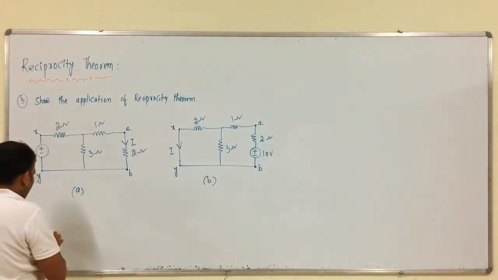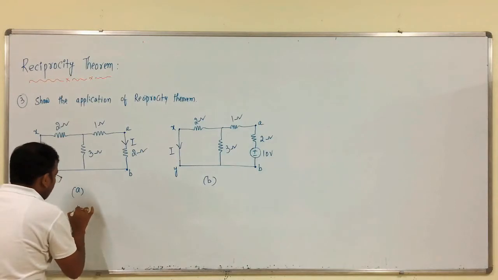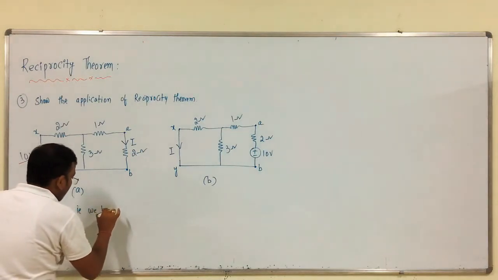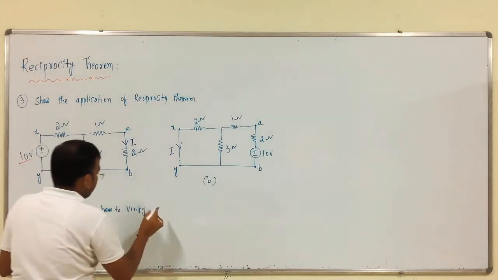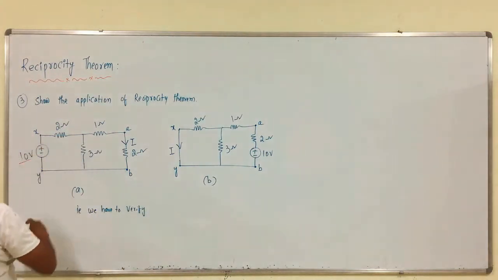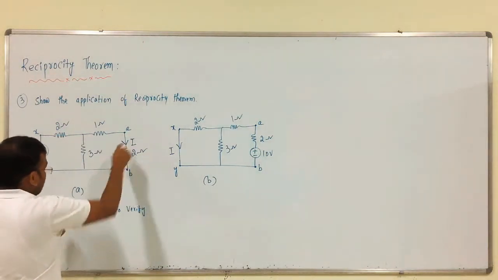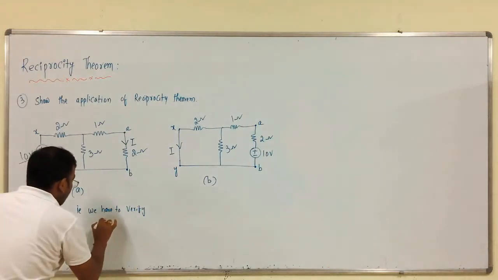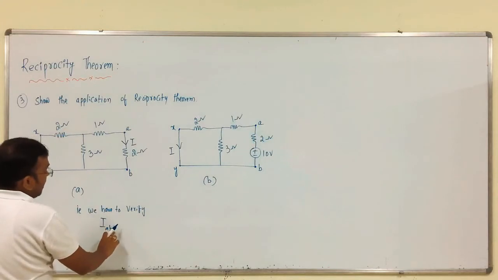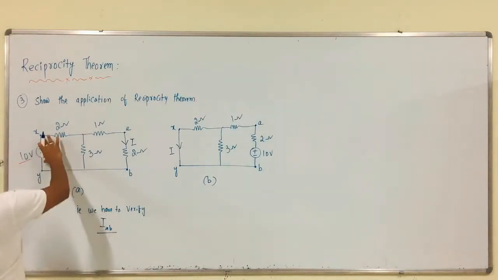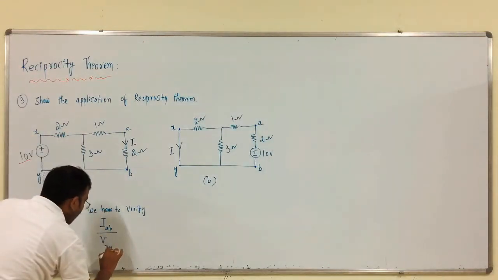That is, we have to verify. See, what is the response to the excitation? The current between these two terminals, right? Current between A and B. The response to the excitation is Vxy, right?